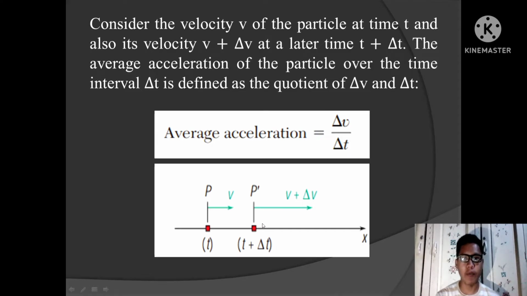So the average acceleration of this particle over the time interval delta t is defined as the quotient of delta v and delta t, wherein delta v is expressed in meters per second, while delta t is expressed in seconds. As usual, our time is in terms of seconds. Therefore, the average acceleration will be expressed in meters per second squared.